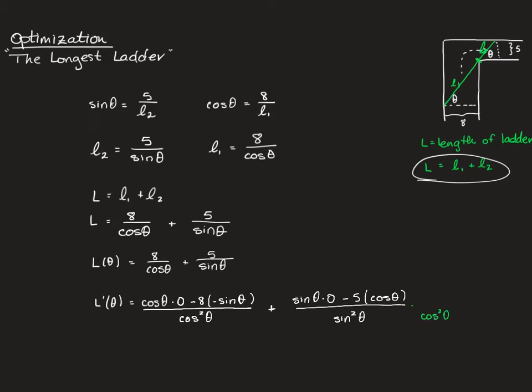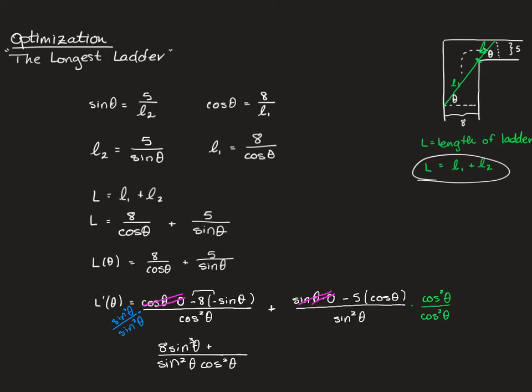So I'll need to introduce cosine squared in the second fraction, and I'll need to introduce sine squared in the first fraction, so that I have sine squared times cosine squared as my common denominator, and that gives me, once I've eliminated that this term is 0 and this term is 0, sine squared times a negative is a positive, so times 8 times sine is 8 sine cubed, and that's all over sine squared cosine squared.